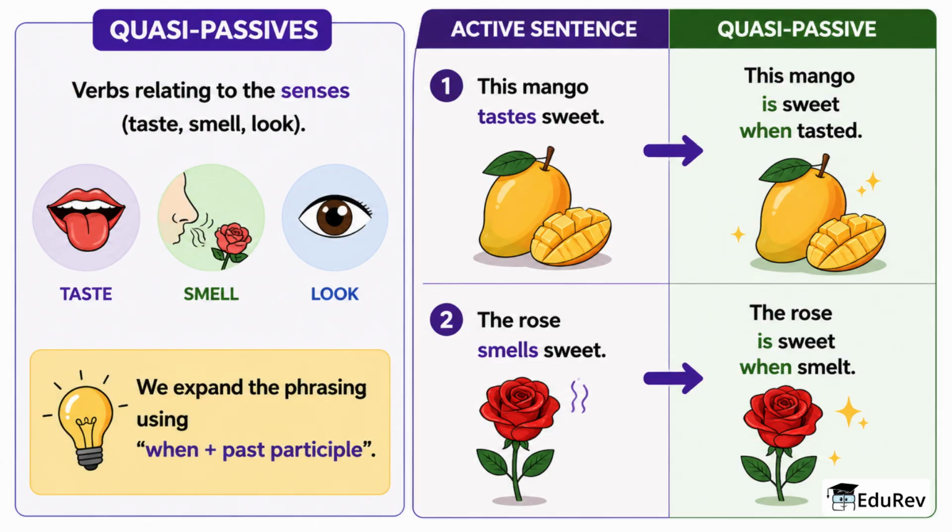Because, well, unfortunately, mangoes can't taste themselves. Or, the rose smells sweet becomes, the rose is sweet when smelt. It's a very unique structure for sure, but it captures the passive essence perfectly.